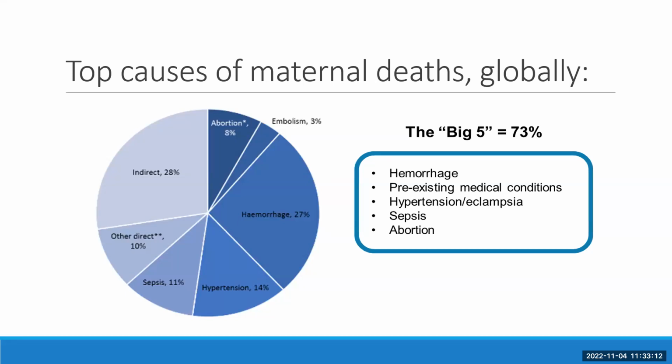So this means they're not happening in a facility, they're happening outside of a clinic, and they're happening in an unsafe way. The biggest way to prevent that, although there are other ways to prevent it, would be making contraceptive use acceptable and accessible globally. So family planning.